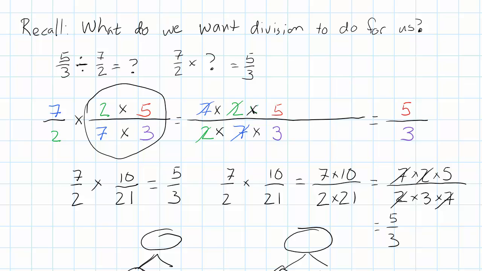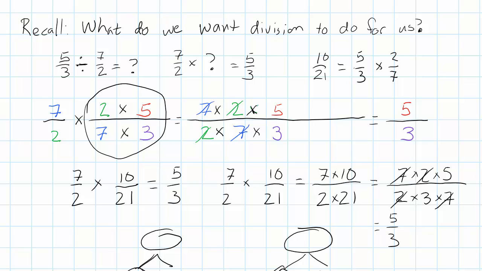Right? Our 10/21 is the result if we take 5/3 and multiply it, not by 7/2, but by 2/7. Okay, this gives us a slightly weird procedure for dividing fractions.